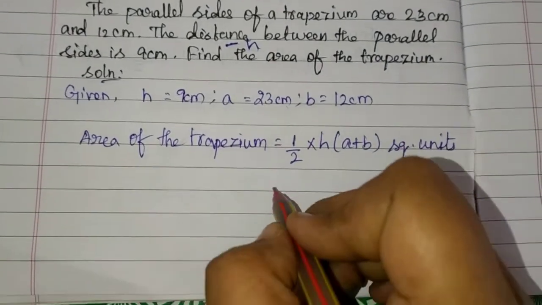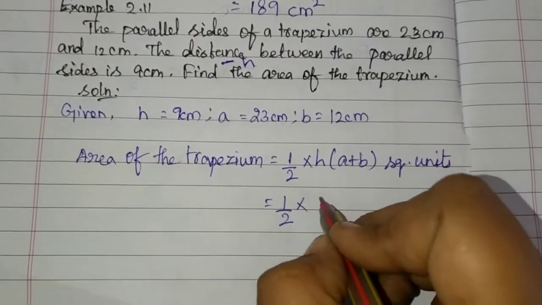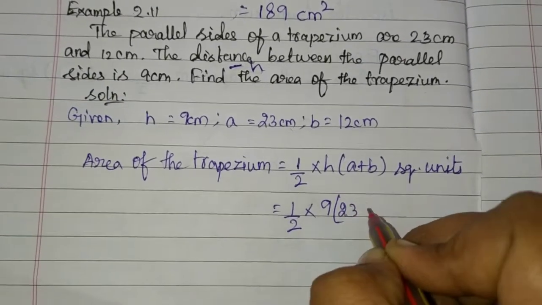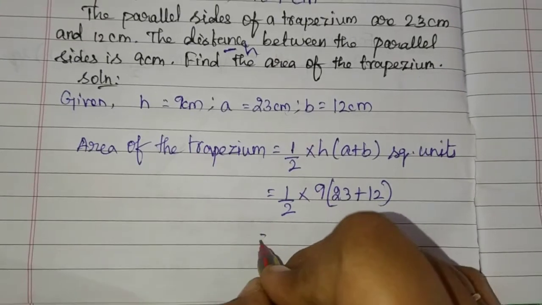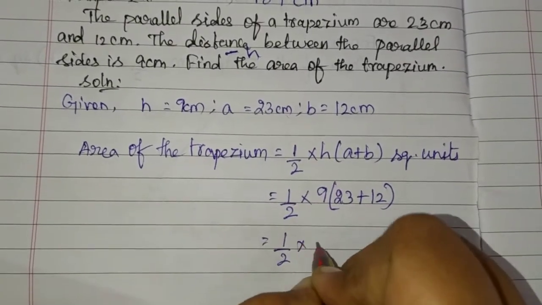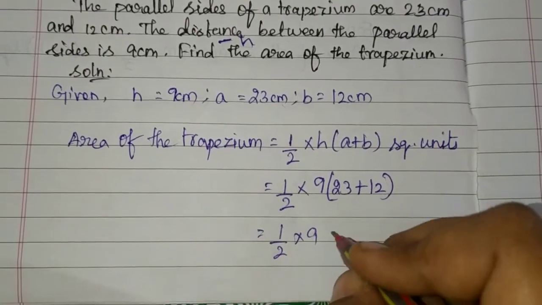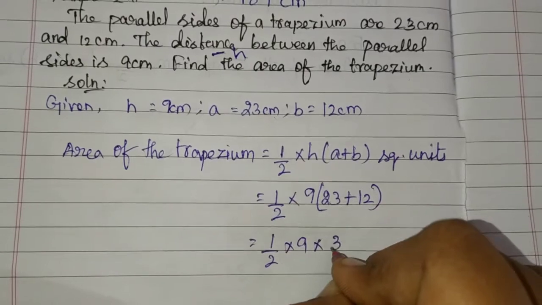Okay, now half you write it here. h is 9 centimeter, a is 23 centimeter plus b is 12 centimeter. Now half you write it here. I'll write the 9 here and 23 plus 12 is what will come? 35.